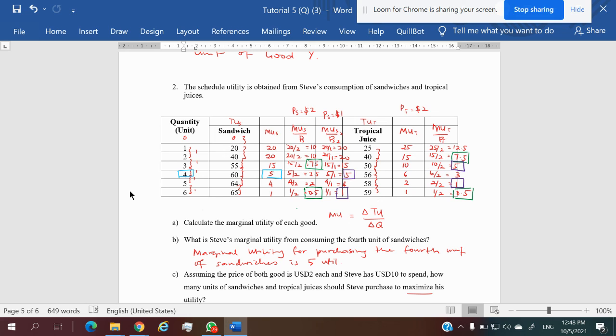So the combination for the first one is 4 units of sandwich and 3 units of juice. The second one is 6 sandwich and 5 juice. Right? So remember that.